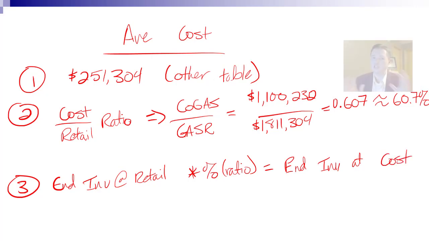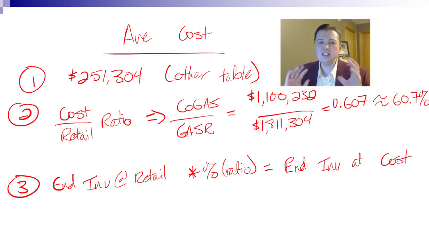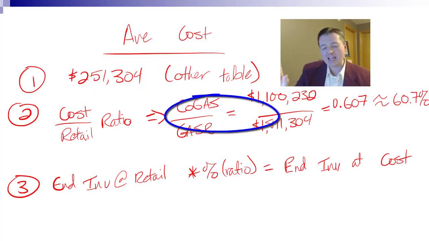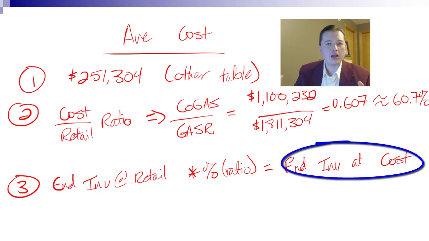We've thrown a lot of numbers at you at this point, but let's take a look. Before we do this last calculation, let's just think about what we're doing. What we're saying is, look, we had on hand retail value $251,000 and change. But that doesn't do us any good. I can't put that on my balance sheet because that's not what I paid for it. That's what I can sell it for. So somehow I've got to turn what I can sell it for back into what I paid for it. How do I do that?